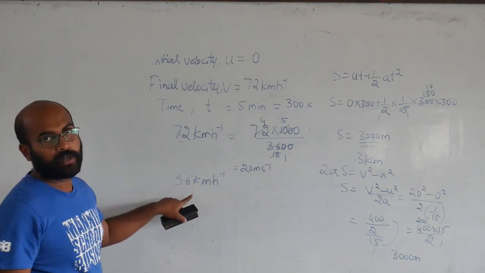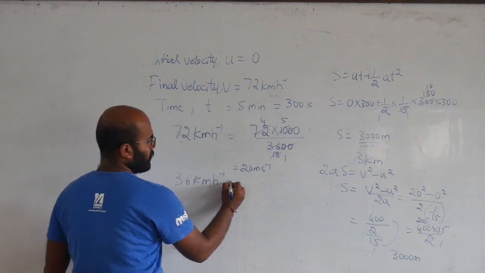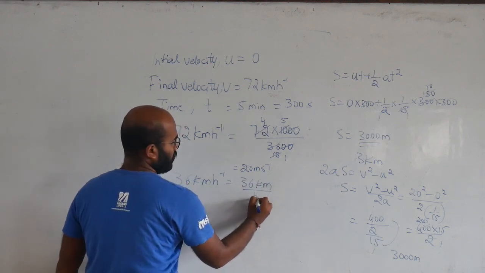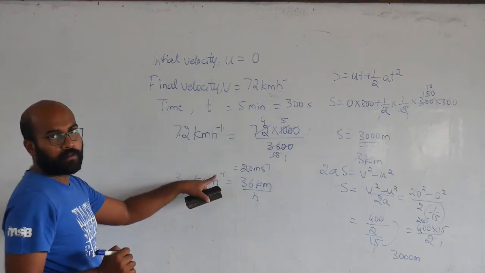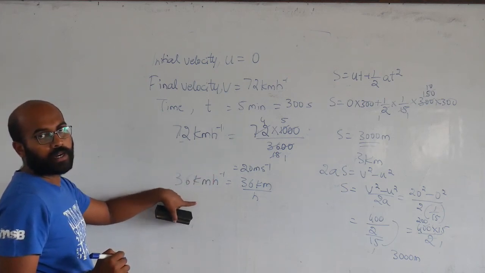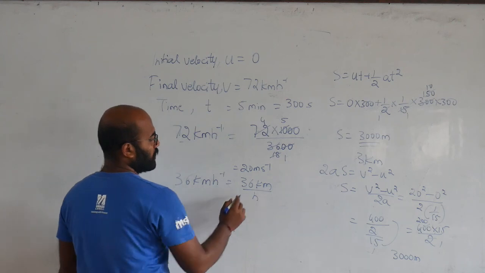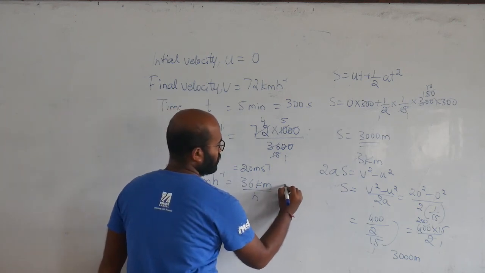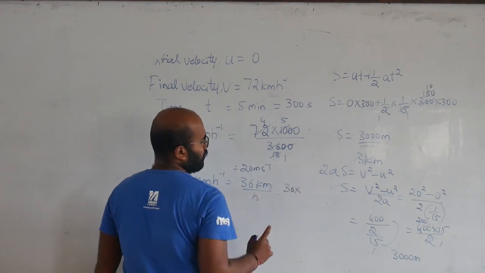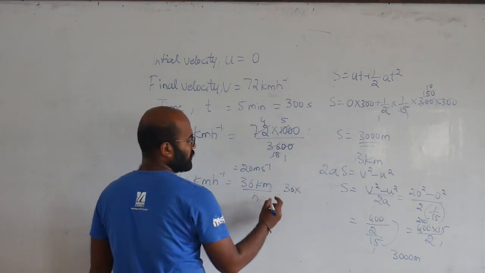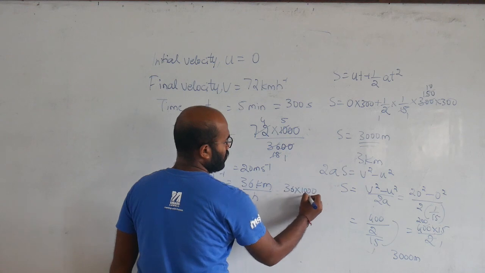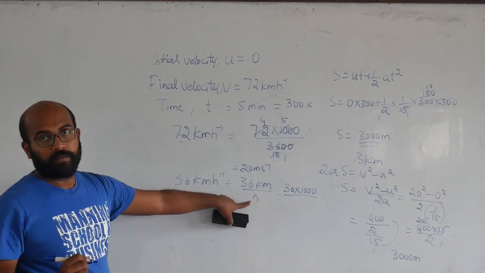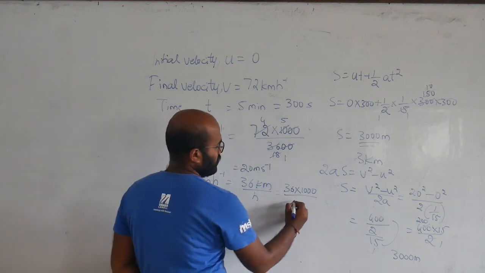You can write this as 36 kilometer by hour, since per hour means hour will be in the denominator. 1 kilometer means 1000 meters, so 36 kilometer means 36 into 1000. 1 hour has 3600 seconds.